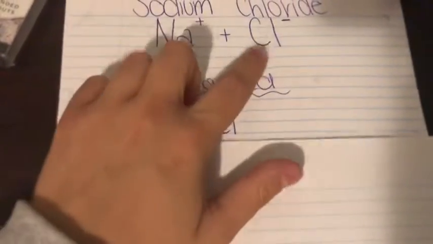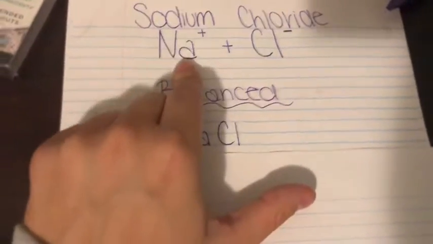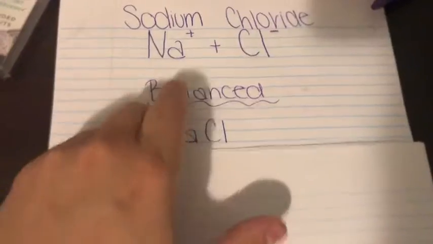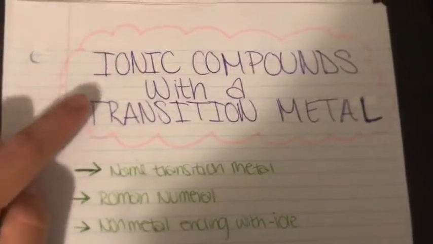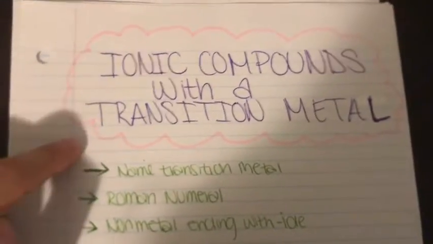But let's say this was 2 and this was still 1, and it were to cross instead, when the 2 would come down and the 1 would come down, it would now be Na2 and Cl1. Now we're going to move on to ionic compounds with a transition metal.